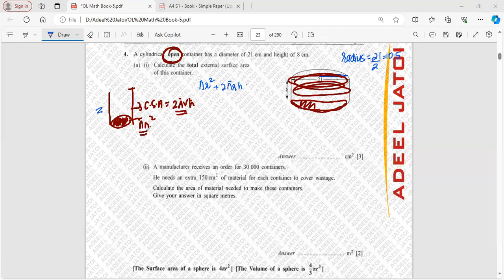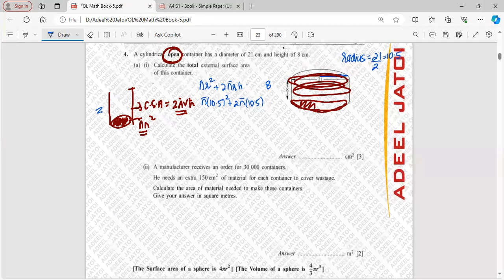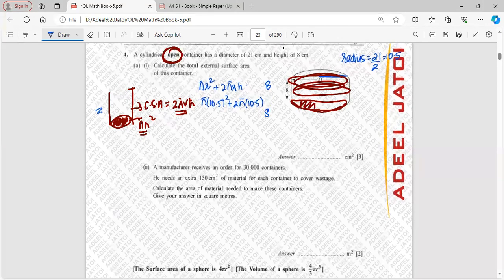So if we just put down the values, that is pi 10.5 square plus 2 pi 10.5, and the h is 8. H is 8.